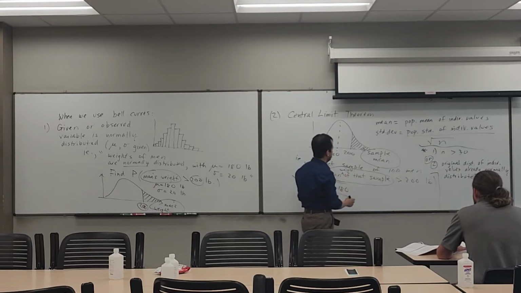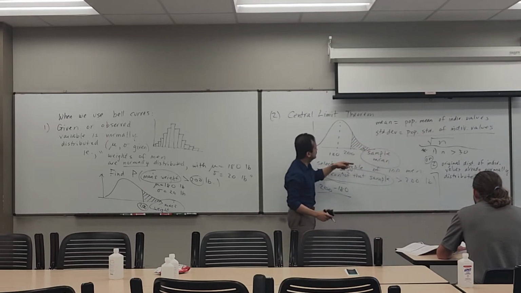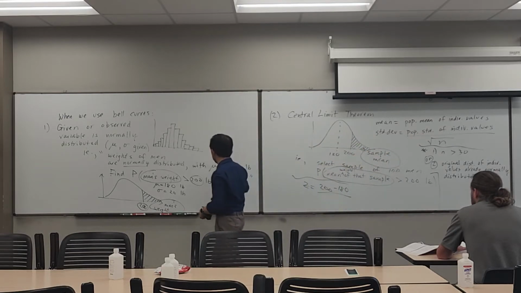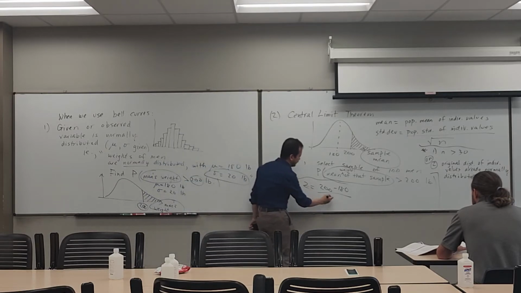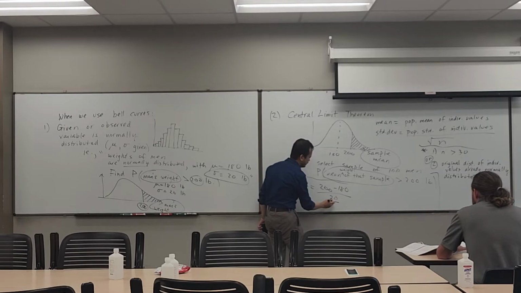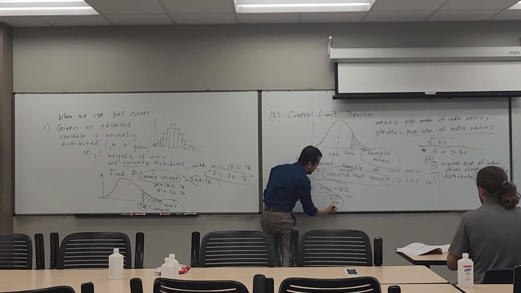So then it'll be divided by the population standard deviation, which is given over here at 20. So divided by 20, and the new standard deviation is the old standard deviation divided by the square root of n. So it would be the square root of 100 here.